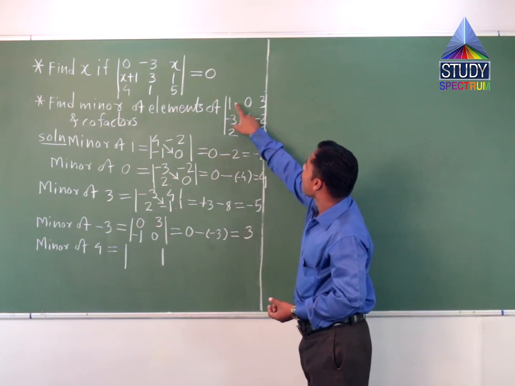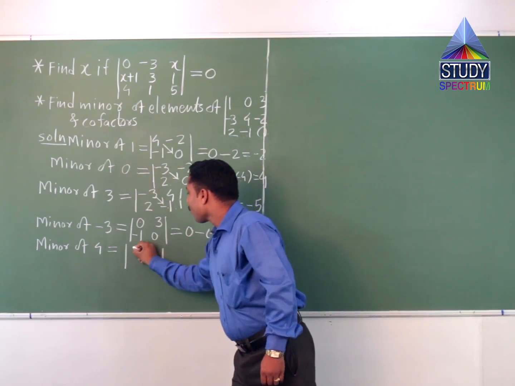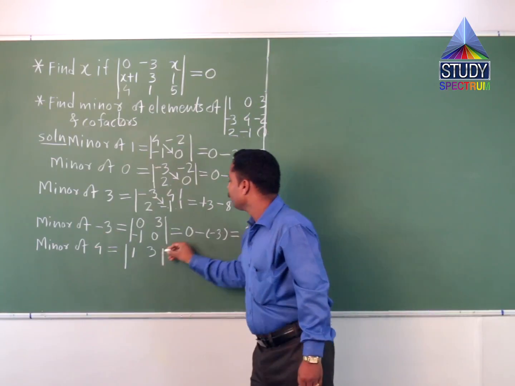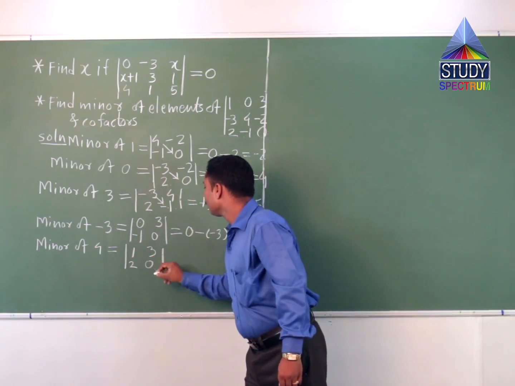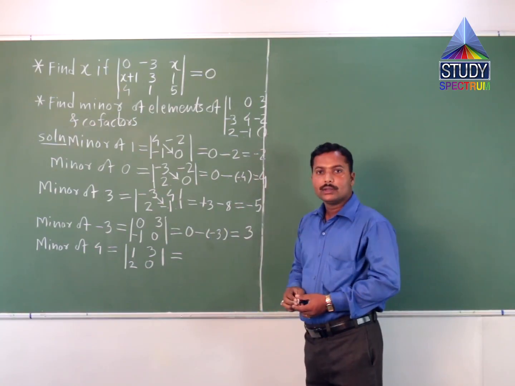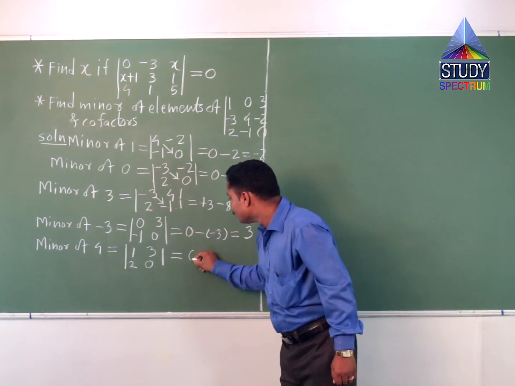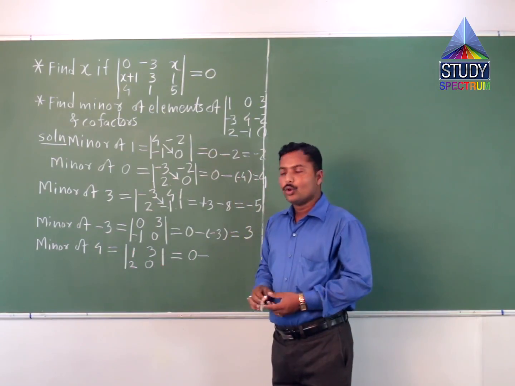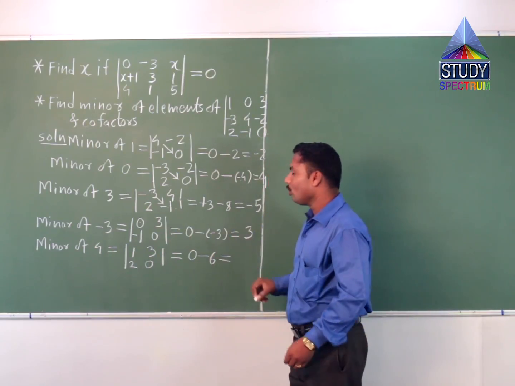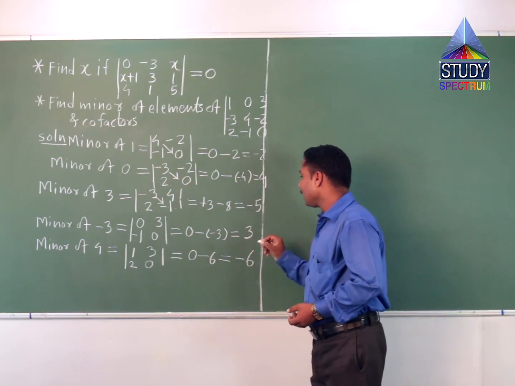Determinant of 1, 3, 2, 0. Again 1 into 0, 0, minus 2 into 3, 6, equals 0 minus 6, minus 6.